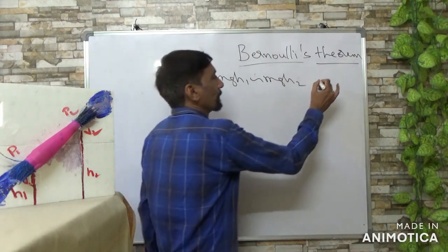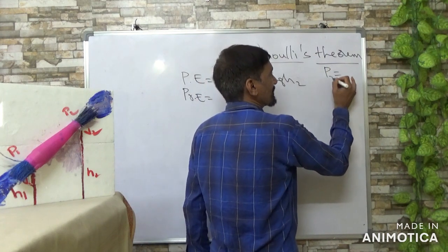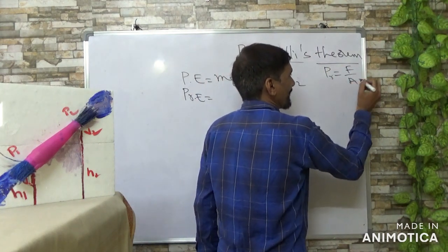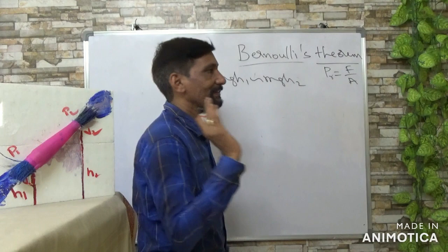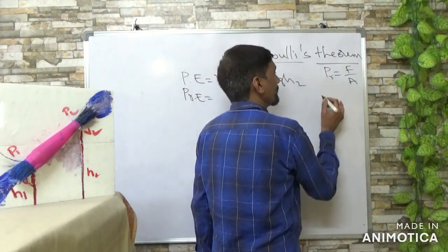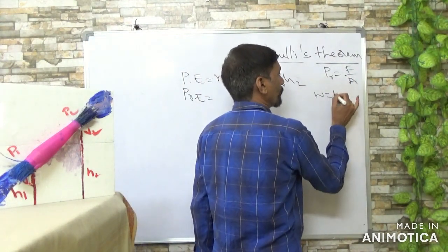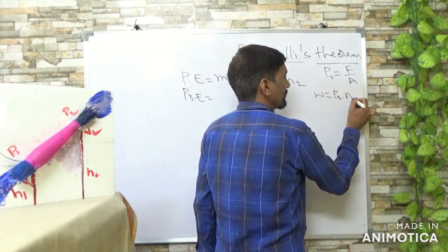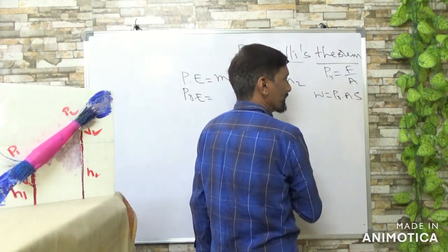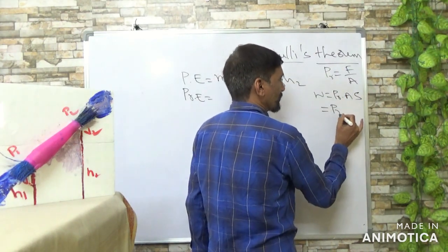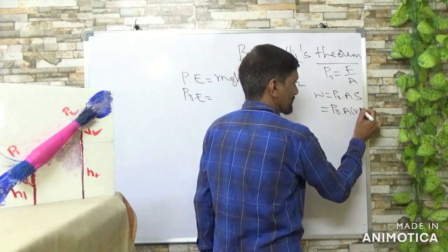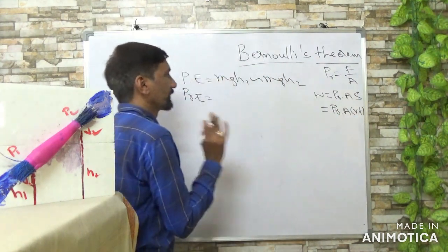Now about pressure energy difference. Pressure is taken as force by area. So work done is equal to pressure into area into displacement, which is nothing but velocity into time.